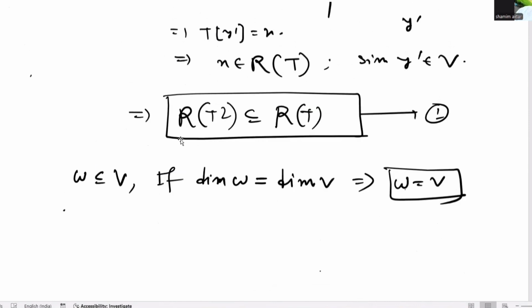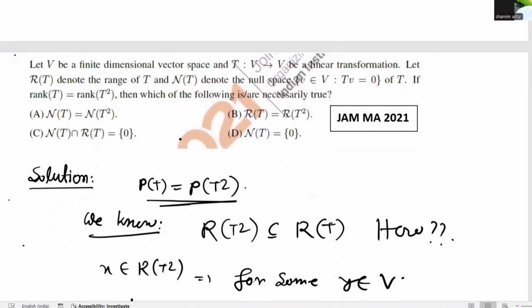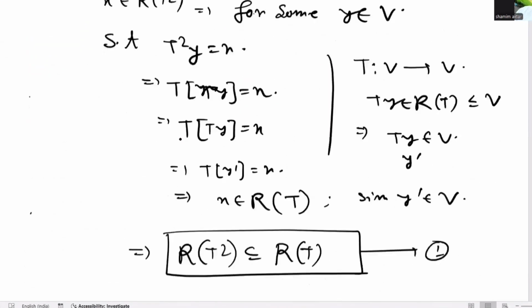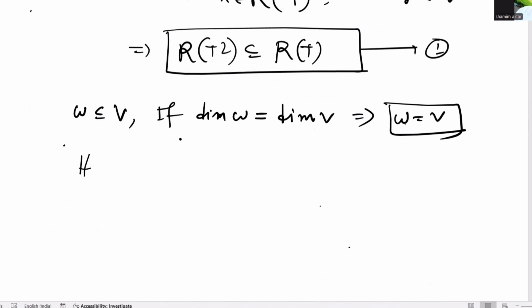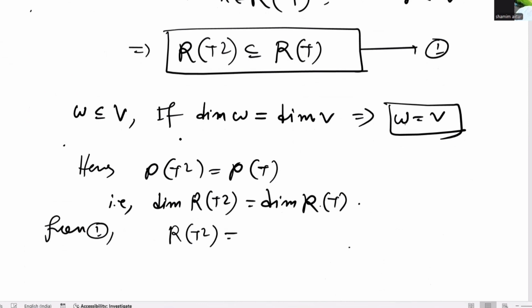Already given rank of T equals rank of T square, and rank is the dimension of the range space, so dimension of the range space of T square equals dimension of the range space of T. So from 1, the range space of T square equals the range space of T.